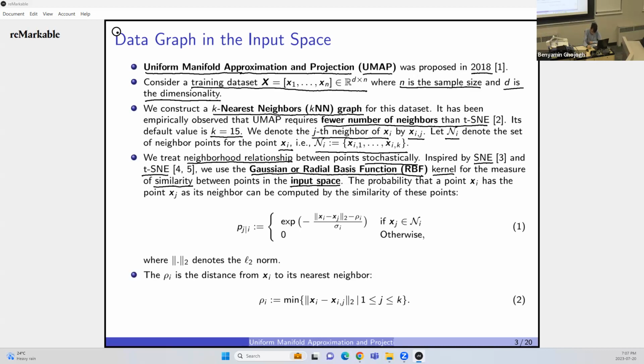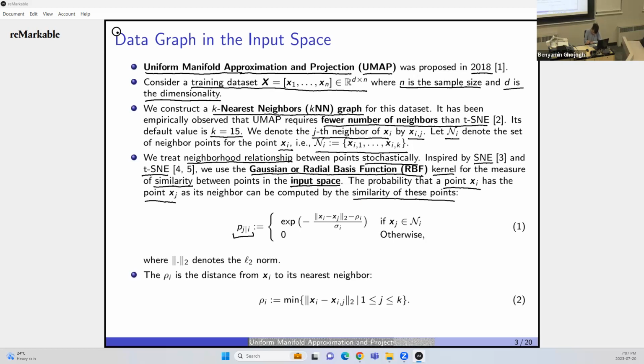The probability that a point xi has a point xj as its neighbor can be computed by the similarity of these points, right? So pji, what does it mean? It denotes the probability that point xi accepts point xj as its neighbor.